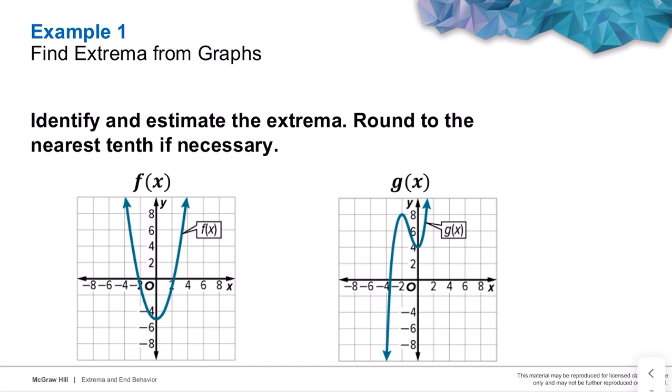So identifying some of these, this parabola for f of x has a low point right here at (0, -5). Because there's no other points on the graph lower than that, and you notice the arrows continue up away from the minimum, this is considered an absolute minimum.